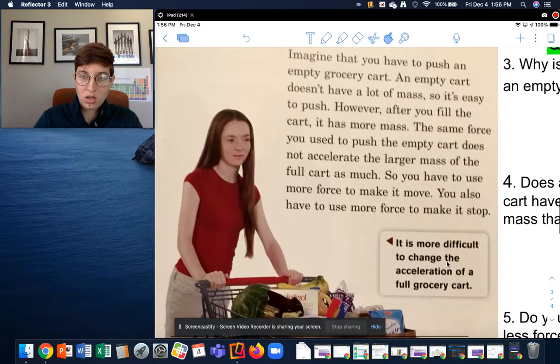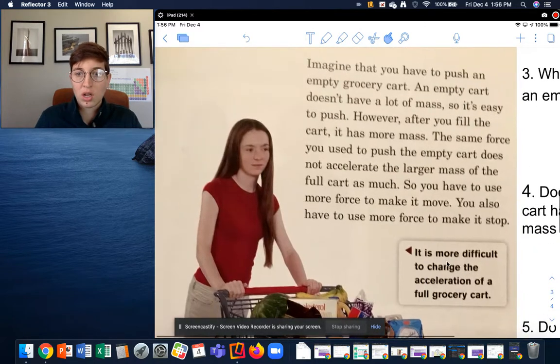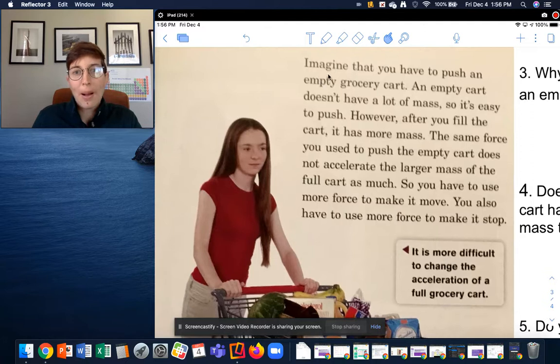So we had an empty grocery cart before. Now our picture has changed. Imagine that you have to push an empty grocery cart. An empty cart doesn't have a lot of mass, so it's easy to push. You don't need a lot of force.